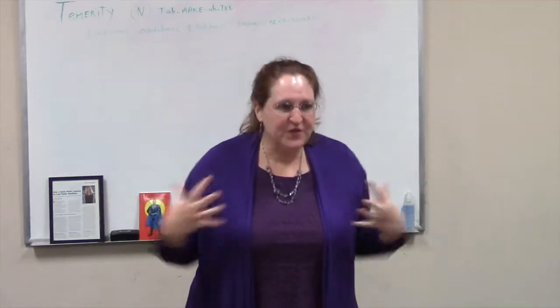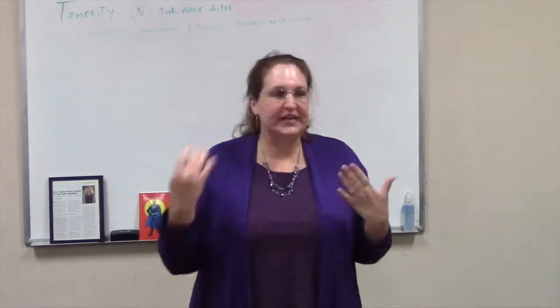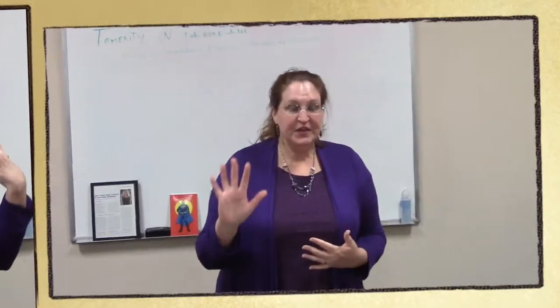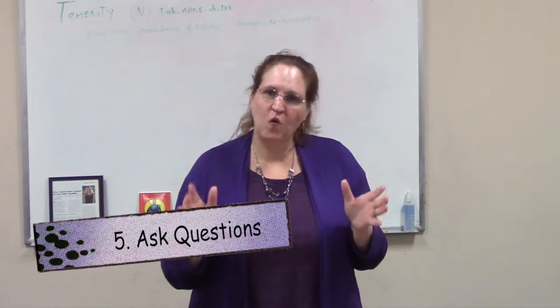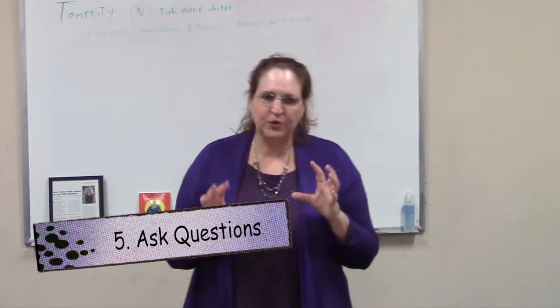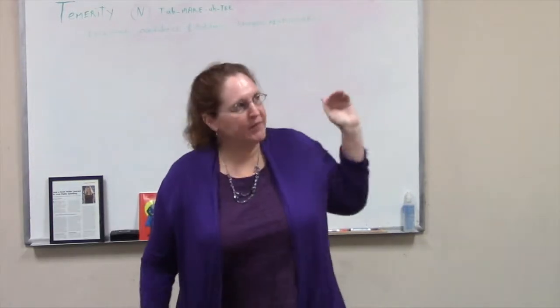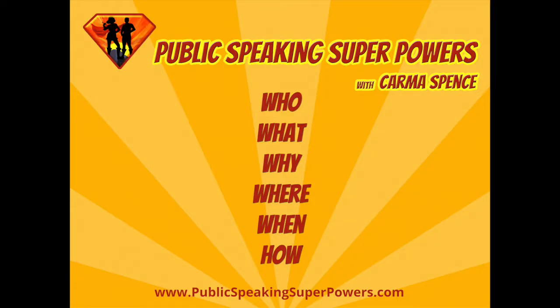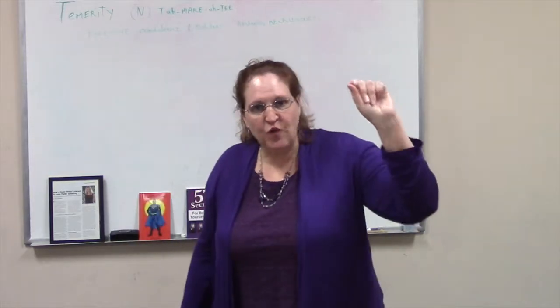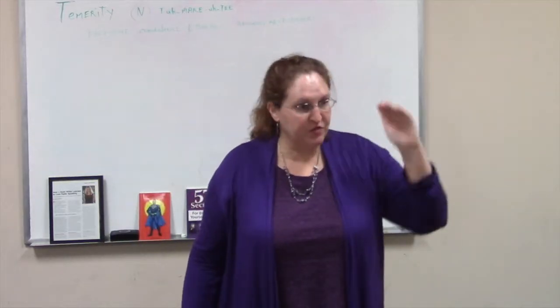And just you infuse that inner child energy into your speech. Now the 5th way is what I call asking questions. What you do is you take a piece of paper, take your topic, write your topic across the top, and then down the side of the paper put who, what, why, where, when, how. And then start writing out questions that fit those 5.